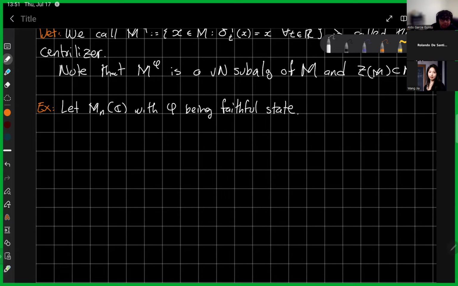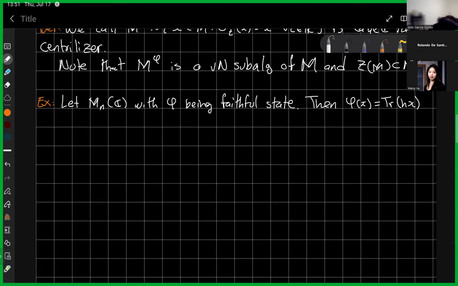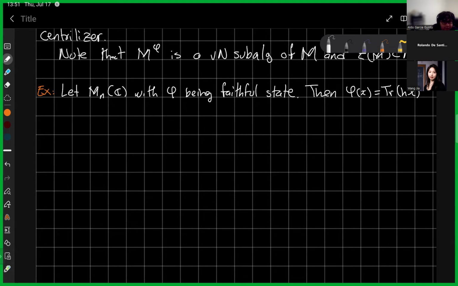Okay, so because of the fact that you don't need normality here, but because this is a state, it follows that phi is equal to the trace of some element. And the positivity of phi forces H to be strictly positive.